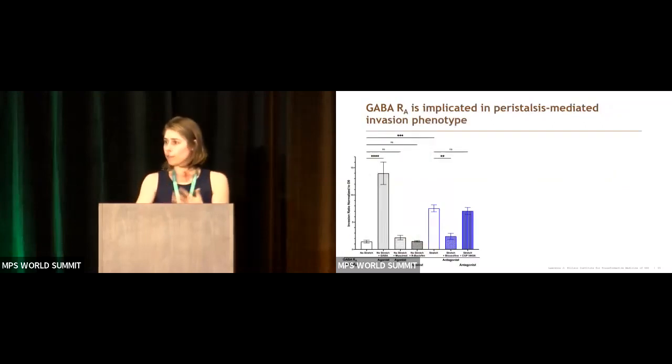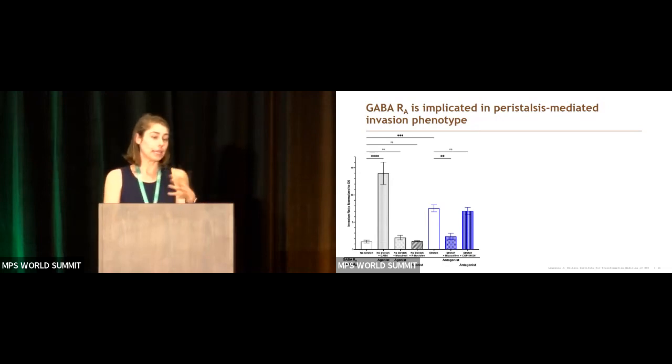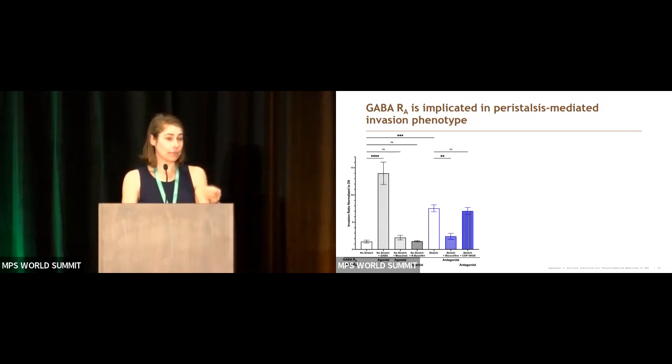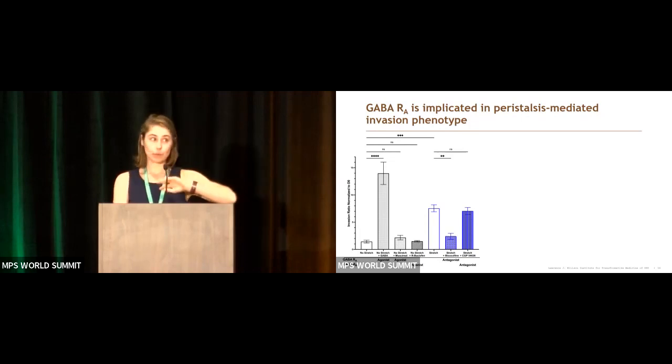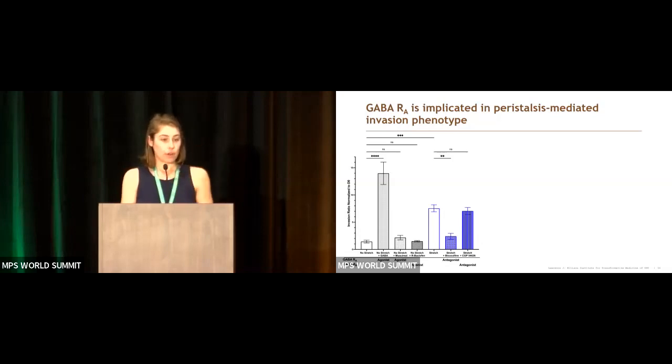To focus a little more on the mechanism, we performed some studies adding different GABA receptor agonists or antagonists into the top channel of the chip. This is a complicated graph, but basically I'm looking at GABA receptor A and GABA receptor B antagonists or agonists. If we look at the blue section of the graph, you can see I have my stretched invasion happening.